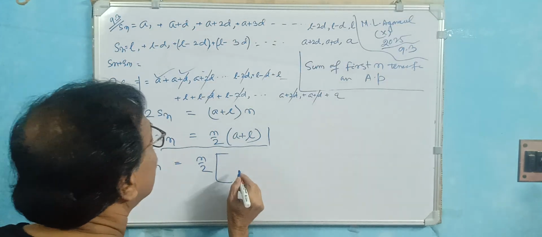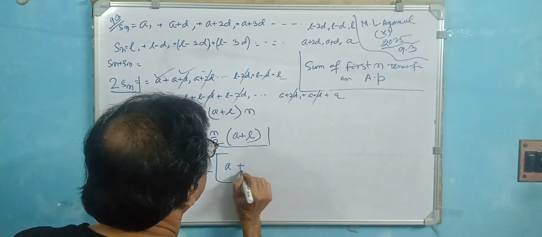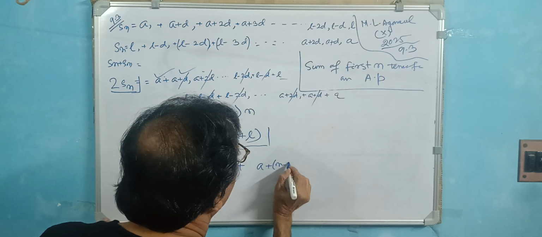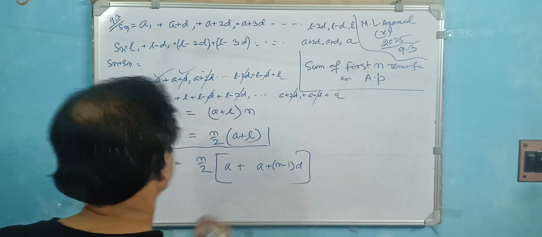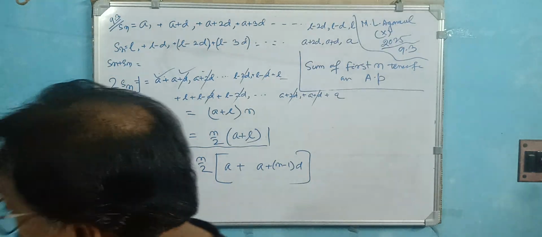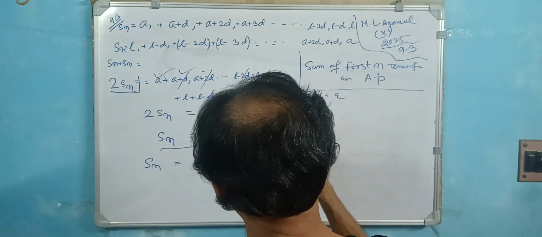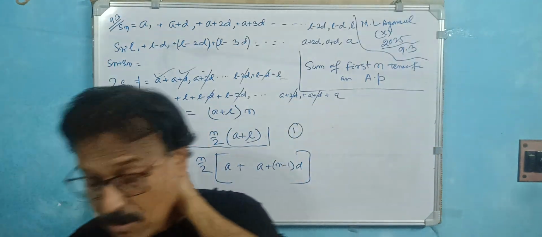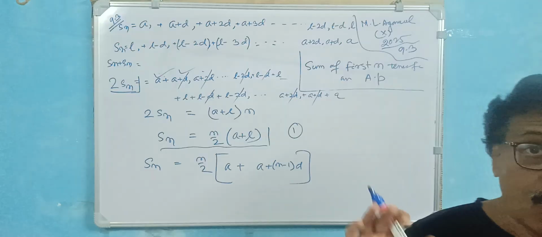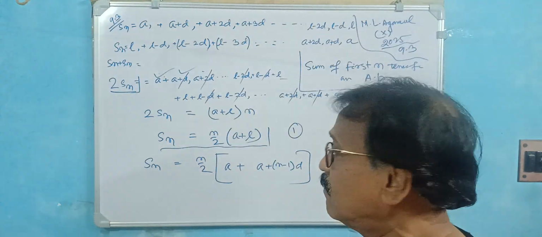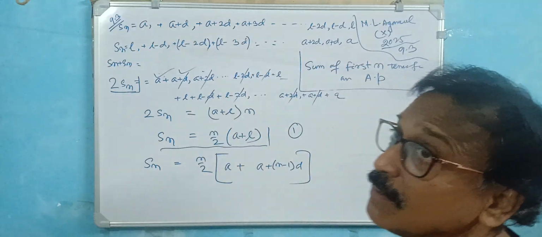You know the last term l is equal to a + (n - 1) into d. From there you also calculate two formulas. The first formula is Sn is equal to n by 2 (a + l). If the first term is given and the last term is given, then you use this formula.